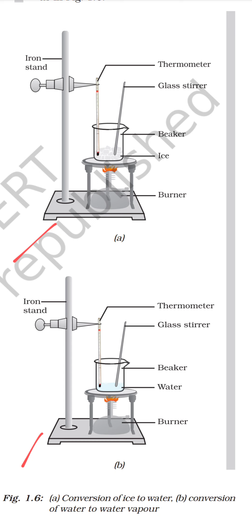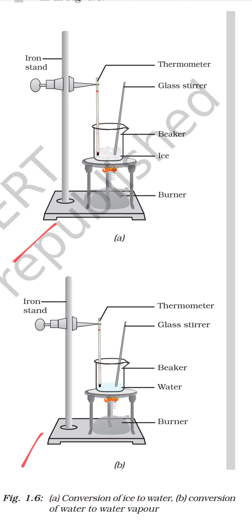Iron stand, thermometer, glass rod, beaker. In A, the beaker has ice cubes, and below it is a burner. Similarly in B, thermometer, iron stand, glass rod, beaker.